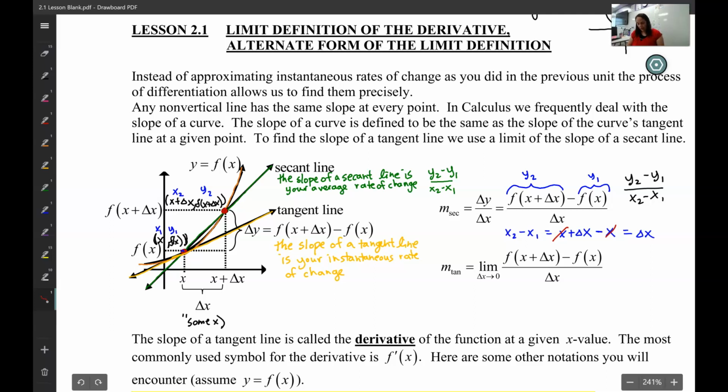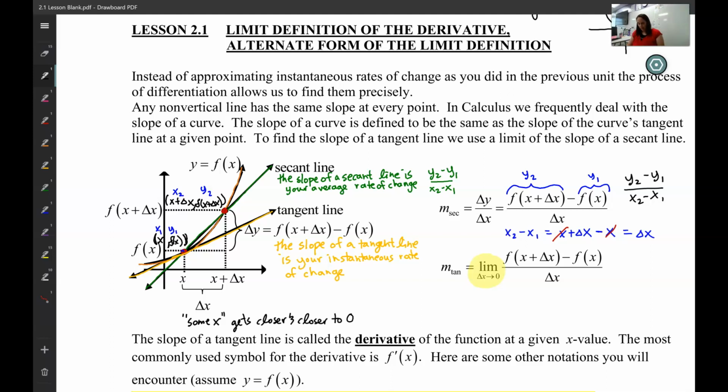Now, to calculate the slope of this line, I'm going to use my same y2 minus y1 over x2 minus x1 equation. So this is just that fancy slope, but I'm adding this part. This is why we talked about limits last chapter. So what I'm saying is I want to know the slope of the green line as my delta x gets closer and closer to 0. That's what this limit is saying.